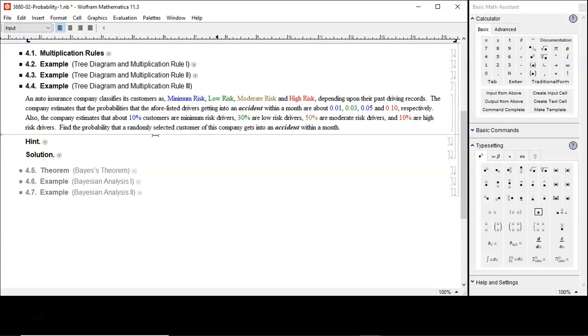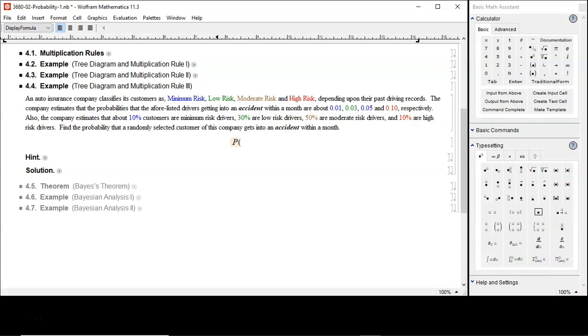So basically, you want to find out the probability of getting an accident. But then again, this must have something to do with this classification. So getting an accident from different types of drivers.